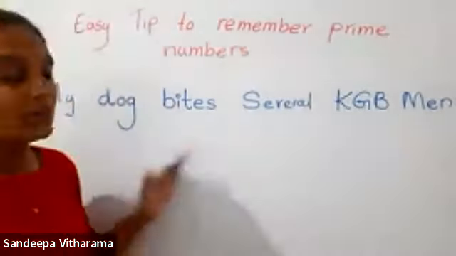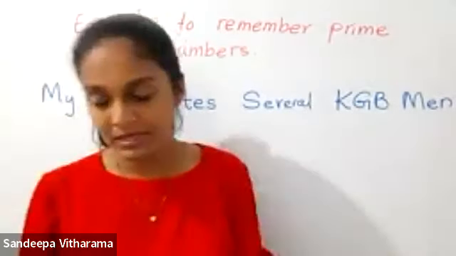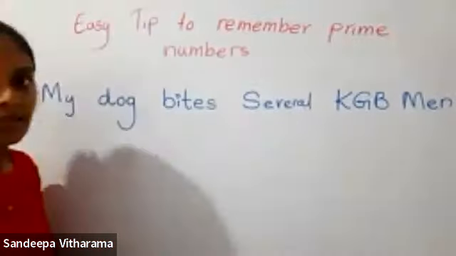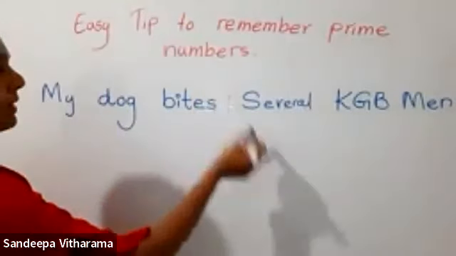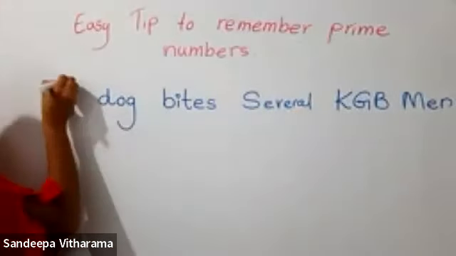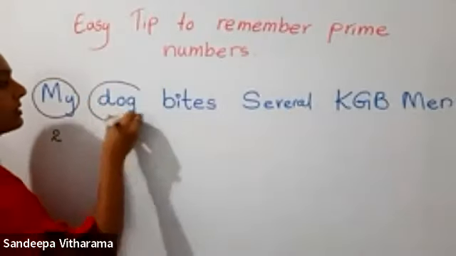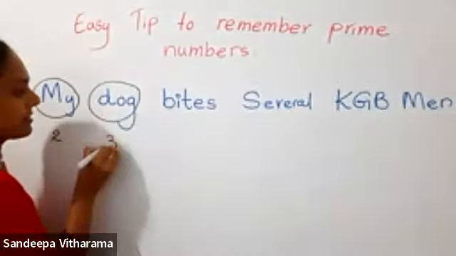How do we use this sentence to remember the prime numbers easily? Look at this: my dog bites several KGB men. How many letters are there? My has 2 letters. Dog has 3 letters.